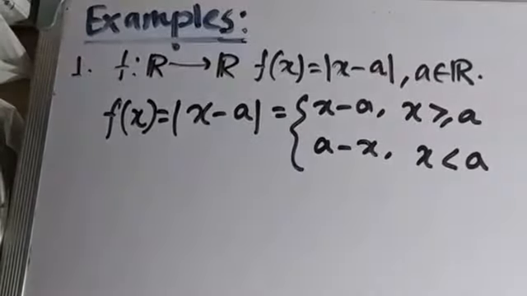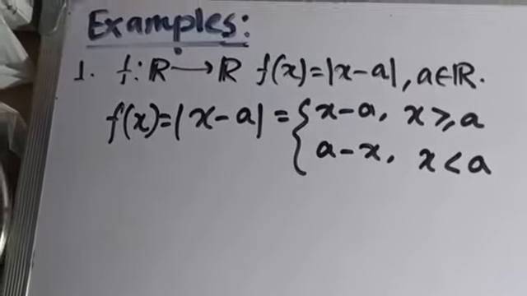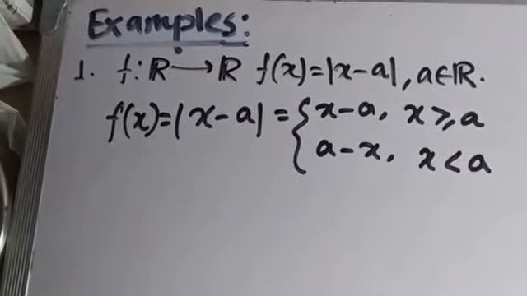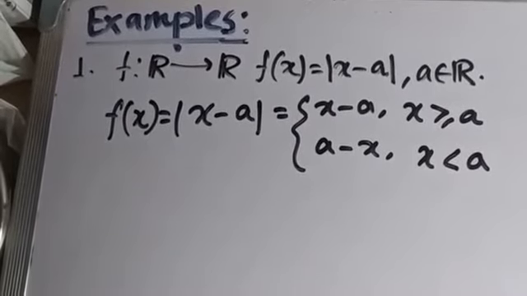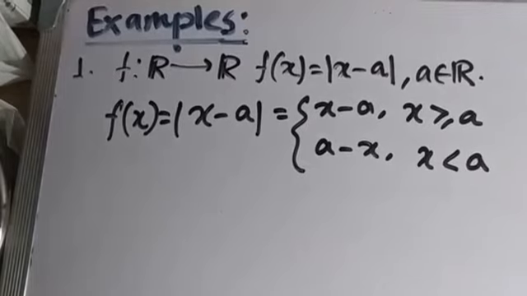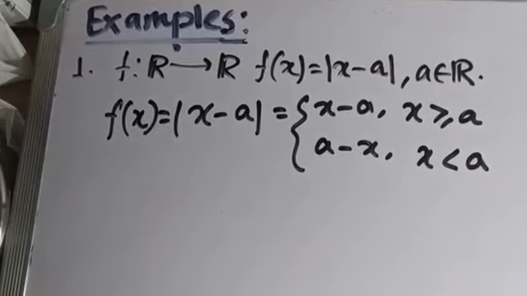So let us check the right hand limit and left hand limit for this function. Another thing to see here is that the function is a simple linear expression on both sides of a. Separately, x minus a is a linear expression, so it is easily differentiable, and a minus x is also a linear expression, so it is also differentiable.